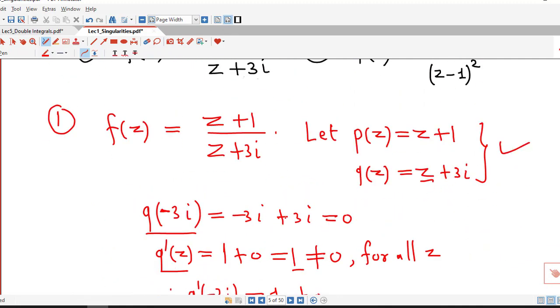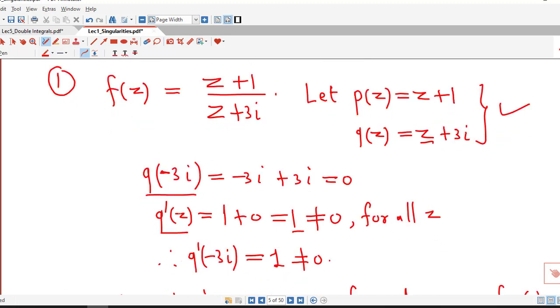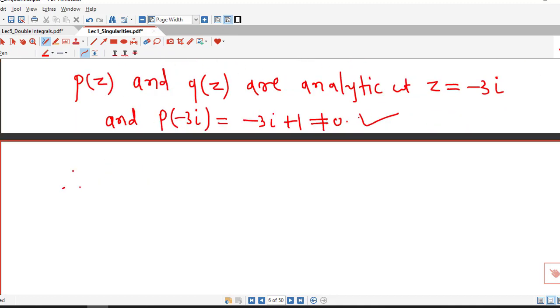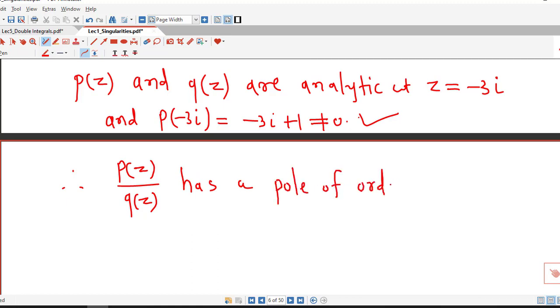These two functions are analytic at z equal to minus 3i. The value of function p at minus 3i is non-zero, and minus 3i is a 0 of first order of function q of z. Therefore by the above result, p of z upon q of z has a pole of order 1 at z equal to minus 3i.